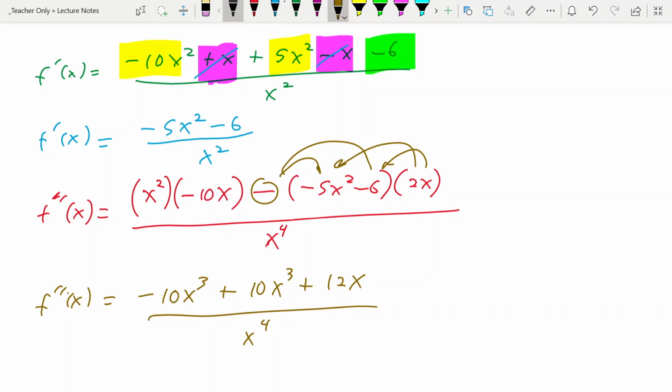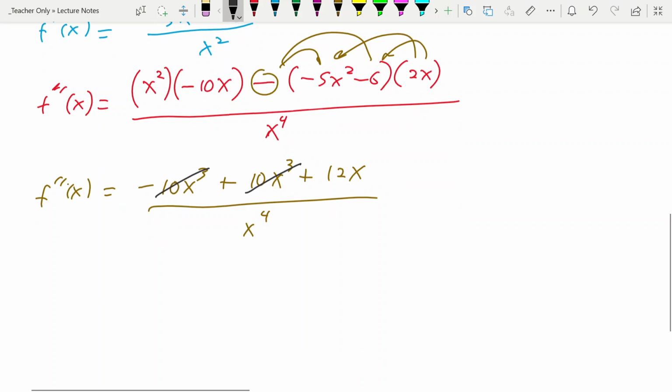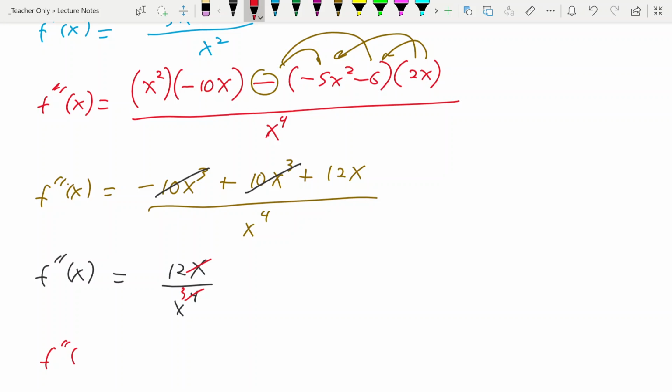And now we're almost done. We're going to go ahead and realize that our x cubed terms subtract to 0. And then finally, we had a little bit of simplification luck, because now we have a monomial divided by a monomial. So the x divides with x to the fourth, resulting in the second derivative being 12 over x cubed.